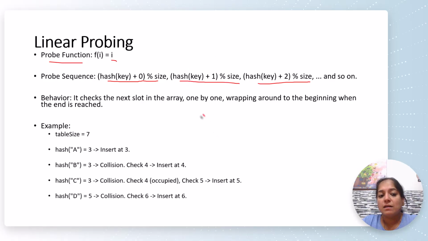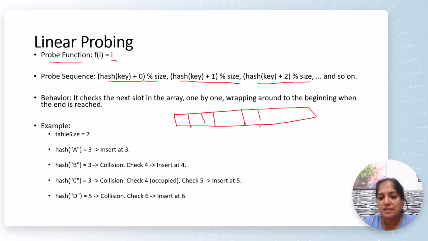So let's see, our table has size 7. It's 0, 1, 2, 3, 4, 5, 6, up to index 6.